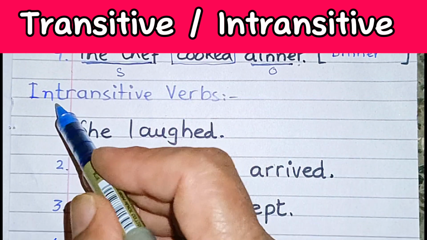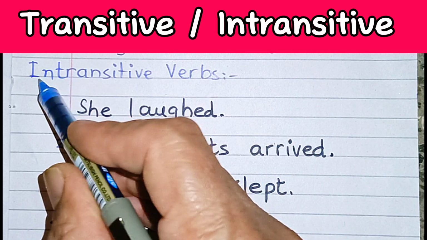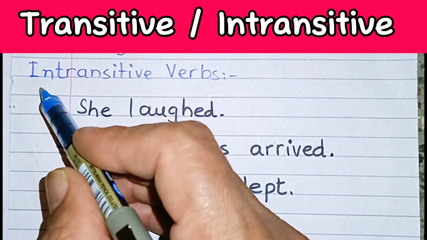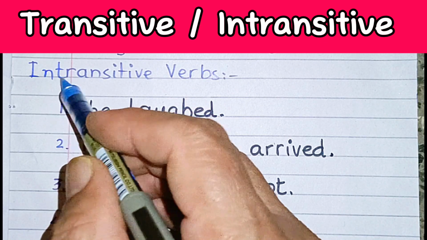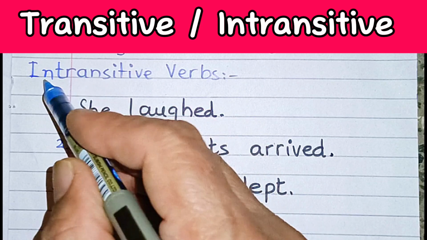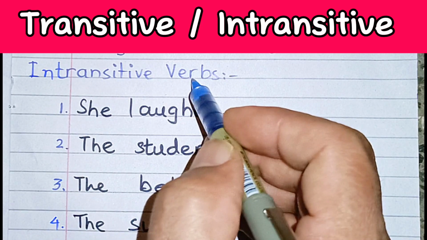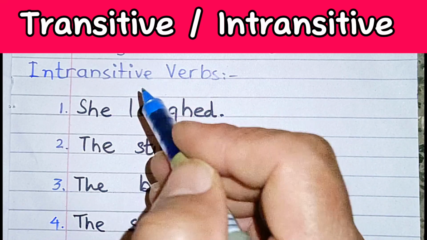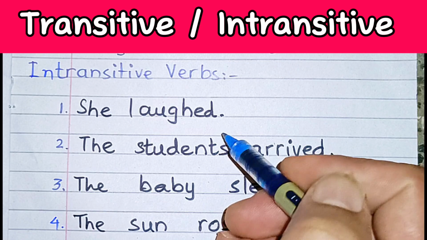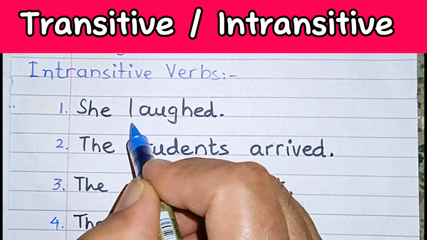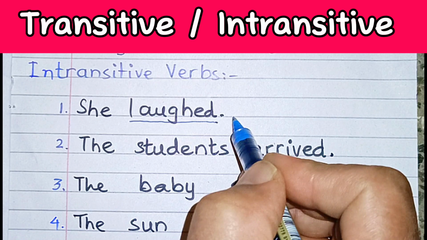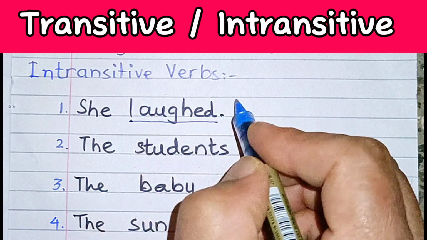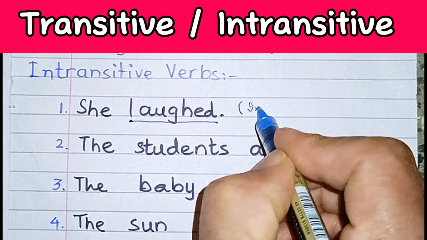Now look at intransitive. You know that in is a prefix that is usually used in order to oppose the concept, that is intransitive. So intransitive verbs are those verbs where no transition, no transfer of action is taking place. So the verbs which are used without an object are called intransitive. Why intransitive?